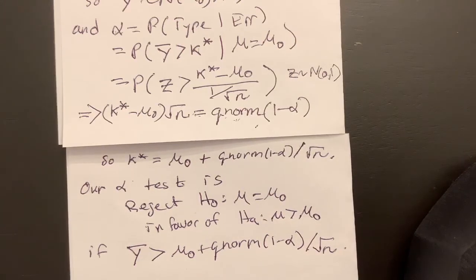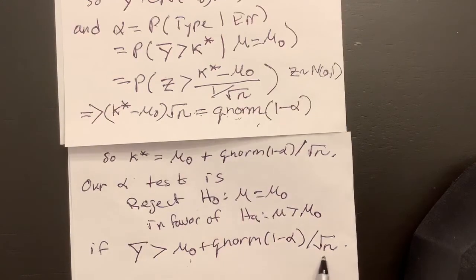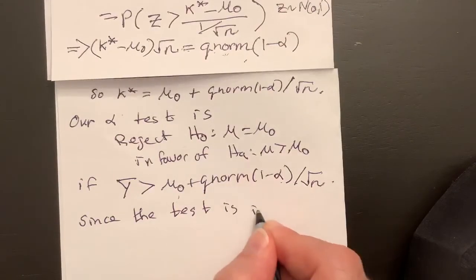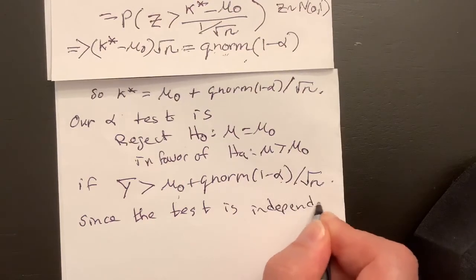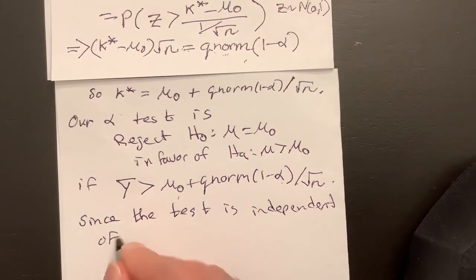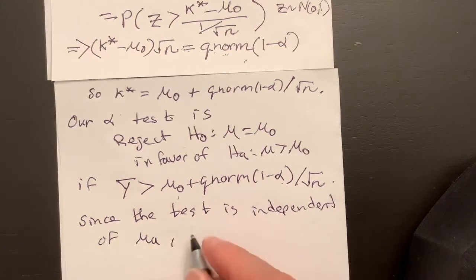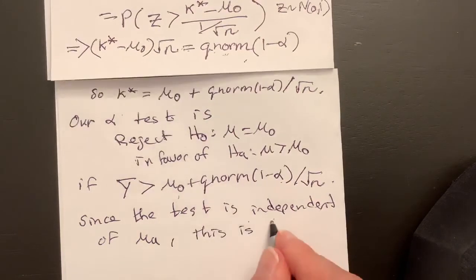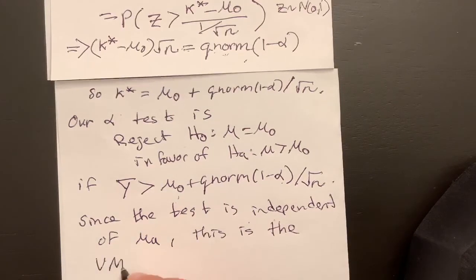And what do you see? I see mu 0, I see n, I see alpha, but there's no mu a. So since the test is independent of, not a function of, mu a, this is the universally most powerful test.